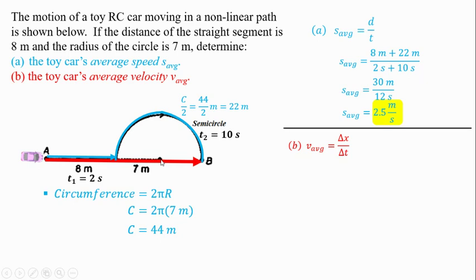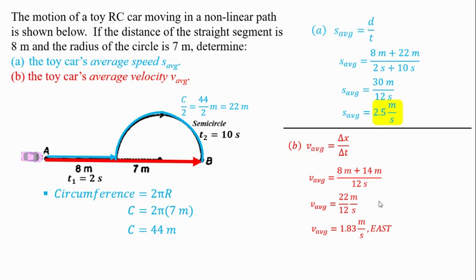So the next distance over is also 7 because that's another radius. So you can just do 8 plus the diameter of the circle. The diameter would just be 7 plus 7, which is 14. So in the numerator here, I have 8 meters plus 14 meters, divided by 12 seconds. The time interval has stayed the same in both parts. So it'd be 22 divided by 12, and then you should get 1.83 meters per second.